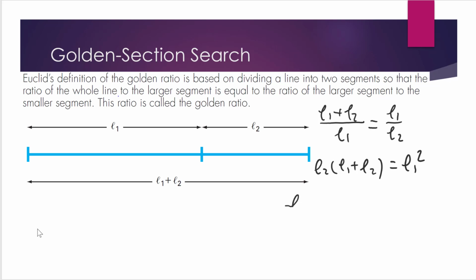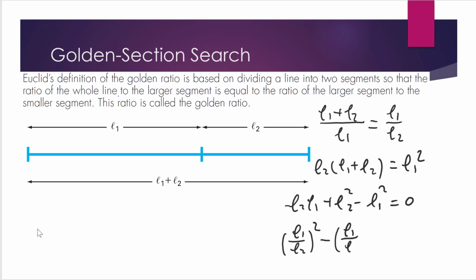We have L2 L1 plus L2 squared minus L1 squared equal to 0. Then we can divide both sides by L2 squared. So we have (L1 over L2) squared minus L1 over L2 minus 1 equal to 0.